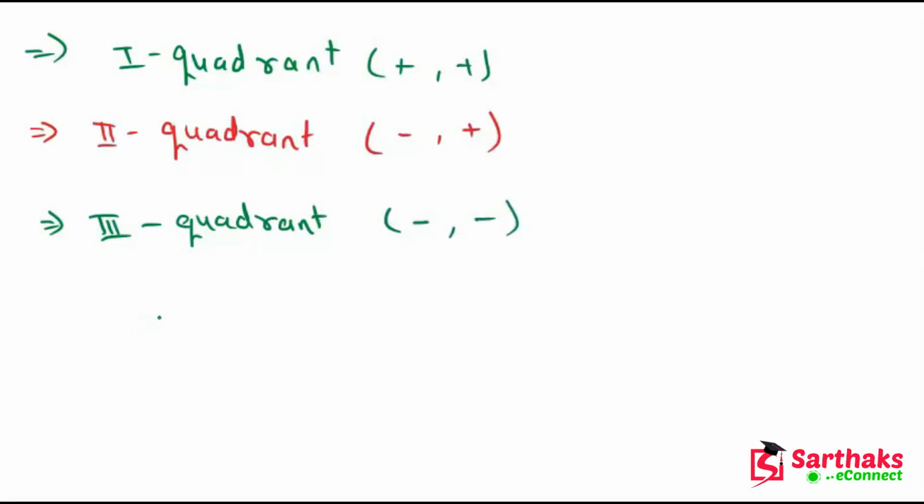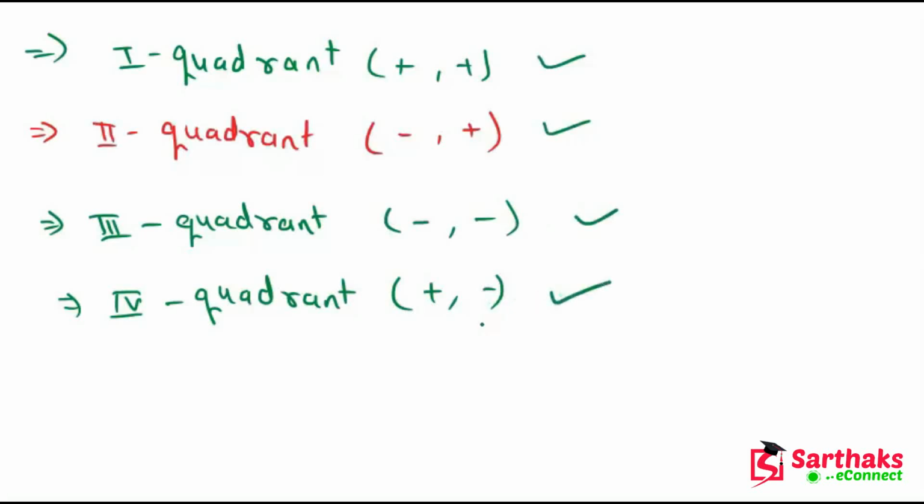In the fourth quadrant, the x coordinate is positive and the y coordinate is negative. So from this you can observe: positive positive, negative positive, negative negative, and positive negative.